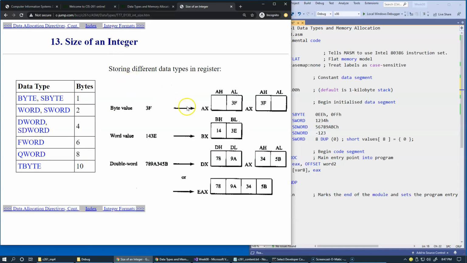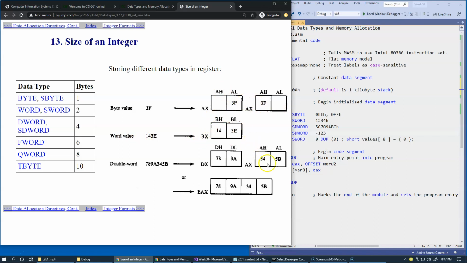Right, and this is the way the sizes basically fit into the registers. So register EAX is 4 bytes, and a double word, which is 32-bit, can be used in combination like DX and AX, for example, and a 16-bit word value stored in register BX, which is a 16-bit register.